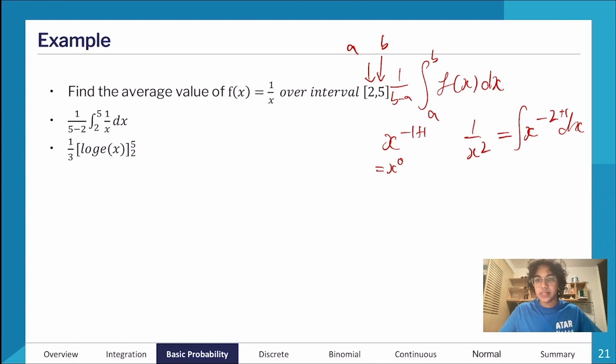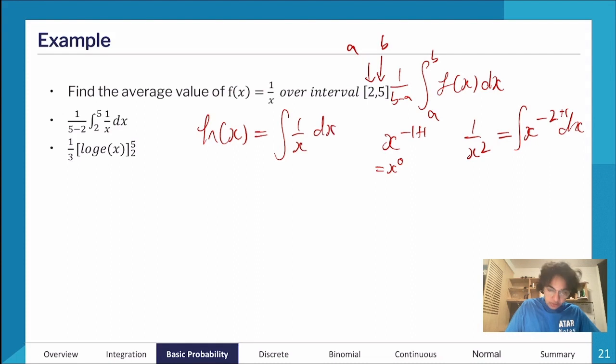Luckily, the integral of 1 on x ends up being the natural log of x. Let's quickly write this out like this. That's all that's being used to convert from here to here.